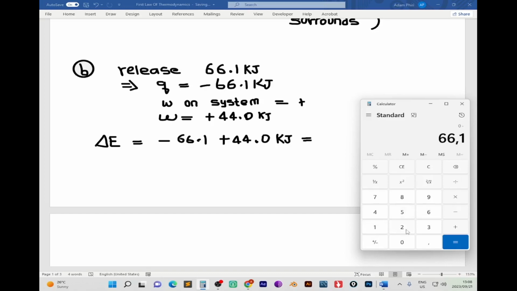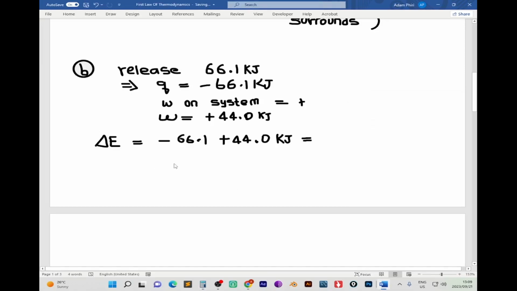That will be 66.1, which is negative, plus 44.0, giving us negative 22.1 kilojoules.